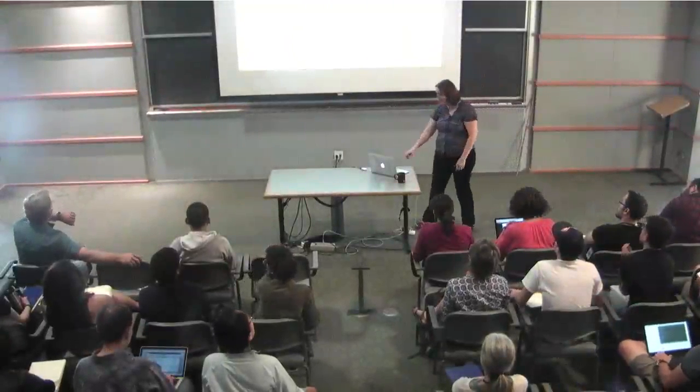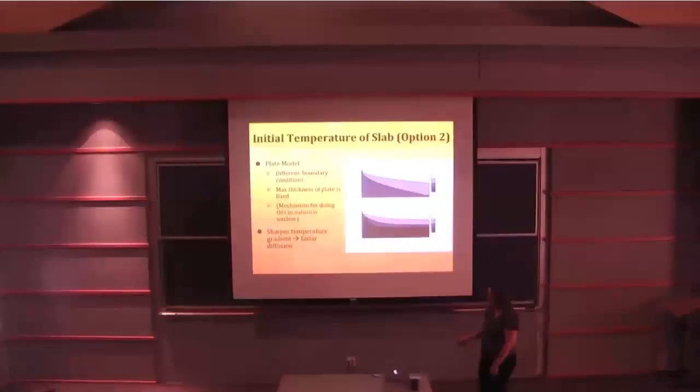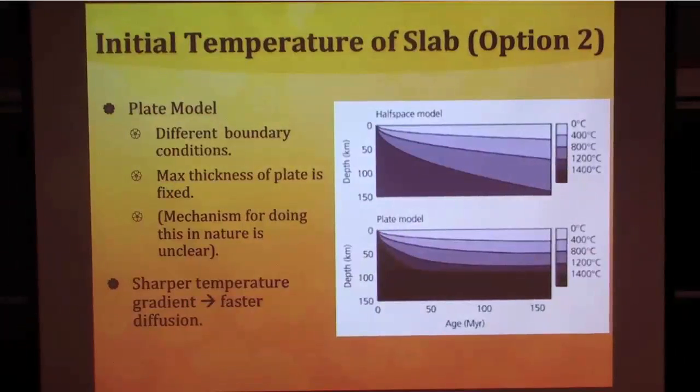So have in the back of your mind a half-space cooling model, or a plate model, whichever you like, but basically that you have this spreading out of the temperature contours, so that the plate has a thermal profile that's fairly broad, not very sharp.